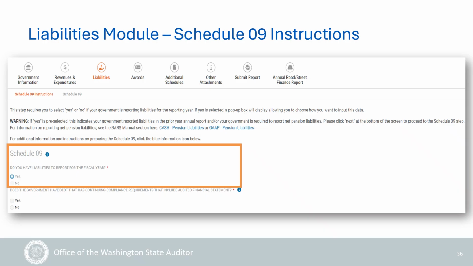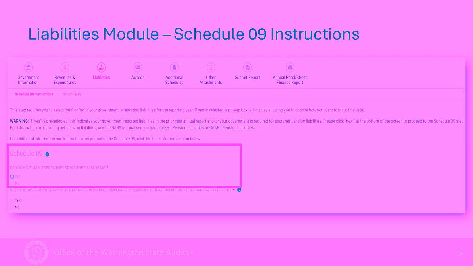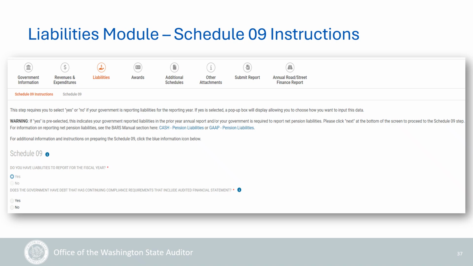If yes is pre-selected or selected by you, an additional question will generate a requirement right below, and an additional step will populate within the liabilities module where you'll complete the Schedule O9. Before moving on to complete the Schedule O9, let's look at this new question that is required if yes is selected for reporting liabilities.